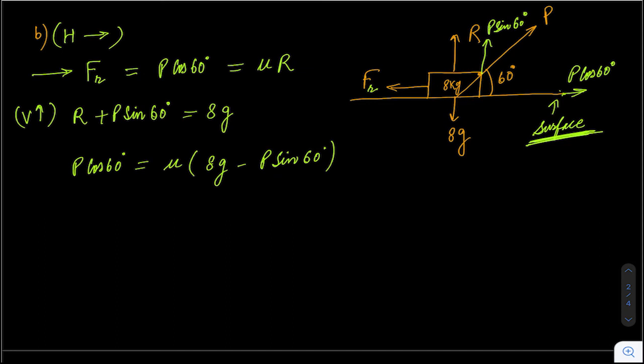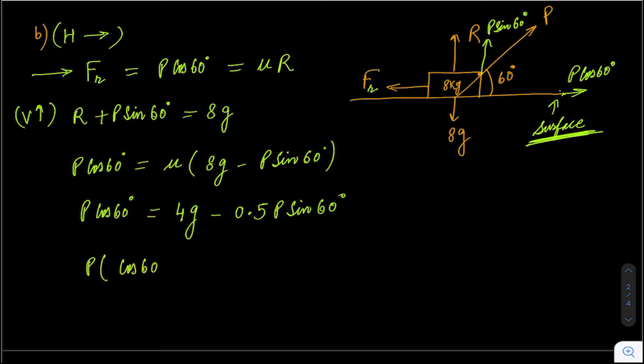So what is my P value here? P cos 60 degrees is equal to, mu is 0.5, so this will be 4g minus 0.5 P sin 60. So let's take all P terms on the left side. So P times (cos 60 degrees plus 0.5 sin 60 degrees) is equal to 4g.